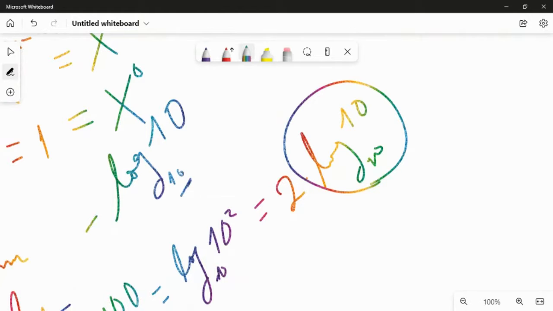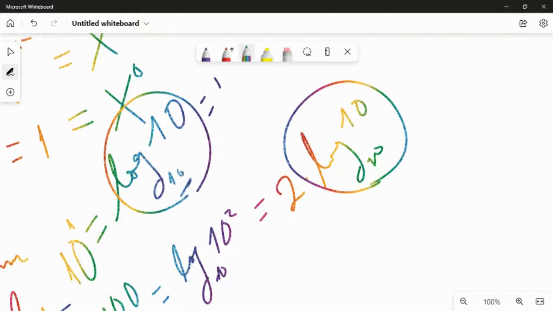And this simply means 10 to itself. 10 to 1 is 10. So this is 1. In other words, the exponent is the number that this log has.